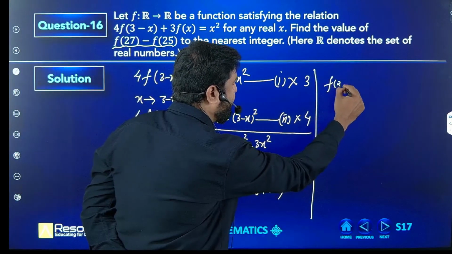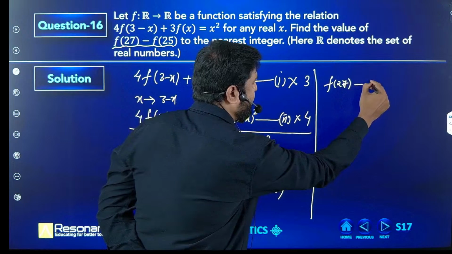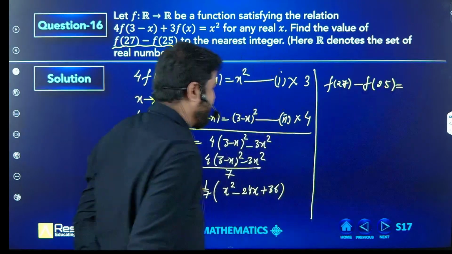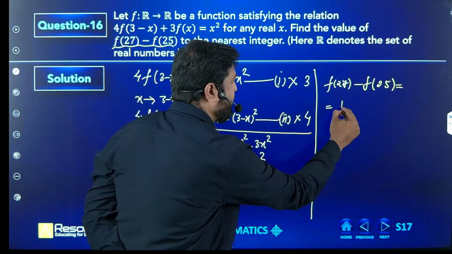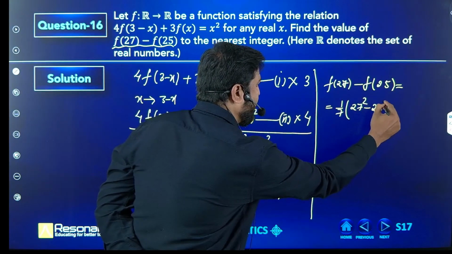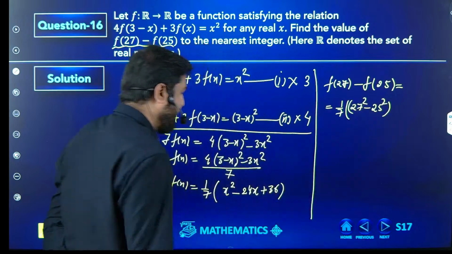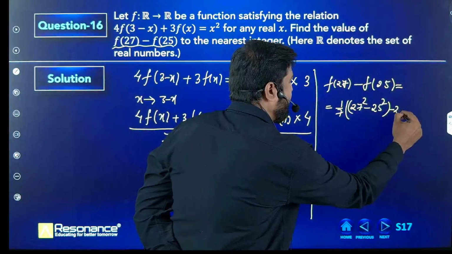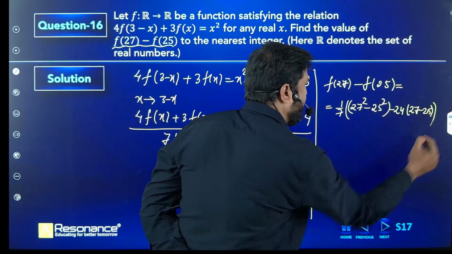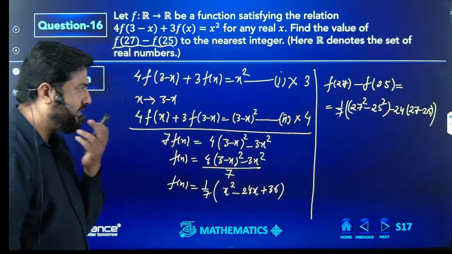So f(27) minus f(25) is equal to what? 1 by 7 is the constant value. So 27 square minus 25 square, and minus 24 as it is, times 27 minus 25. The 36 cancels out.